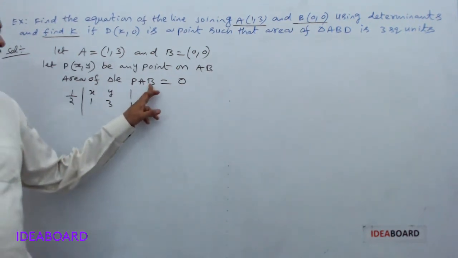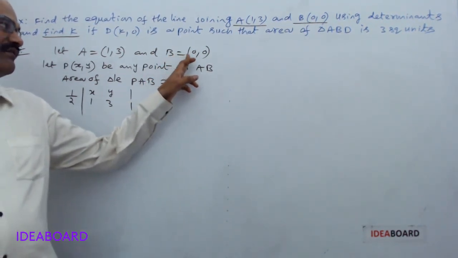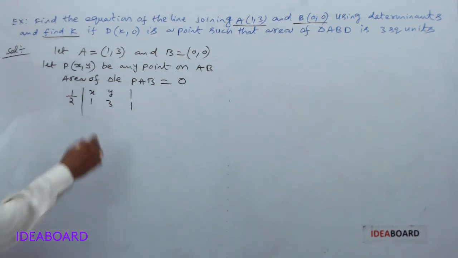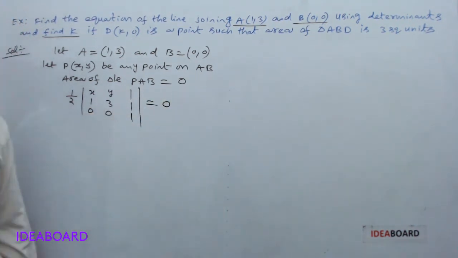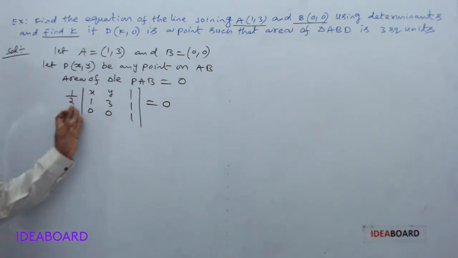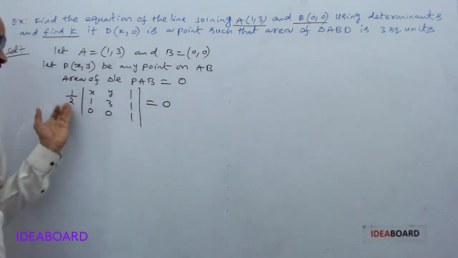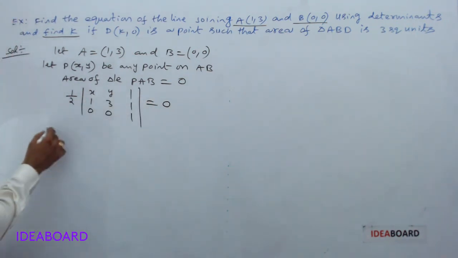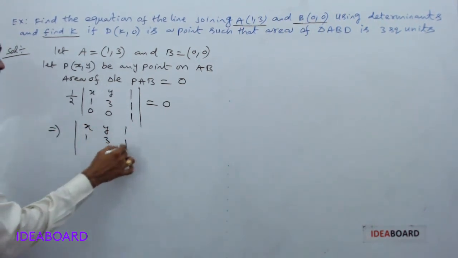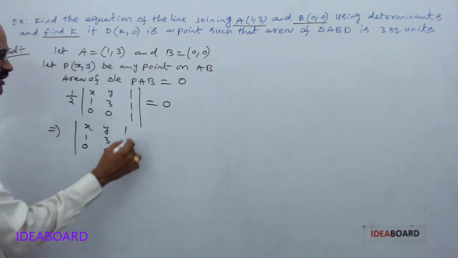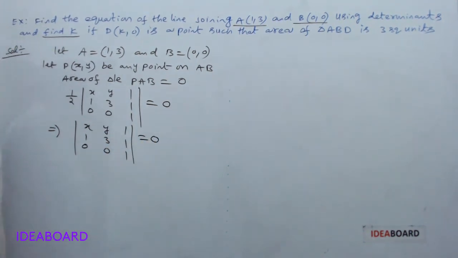Next we are having the point B, equal to 0, 0, 1, equal to 0. Now write 1 by 2 from LHS to RHS. Then 1 by 2 becomes 2. So it implies we have determinant of x, y, 1, 1, 3, 1, 0, 0, 1 equal to 0.